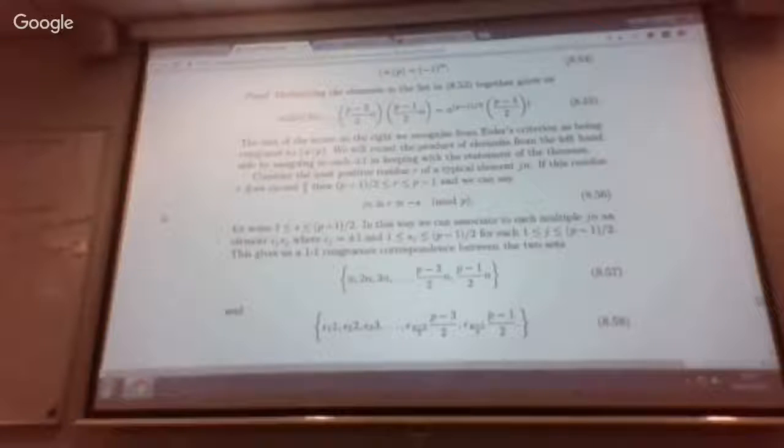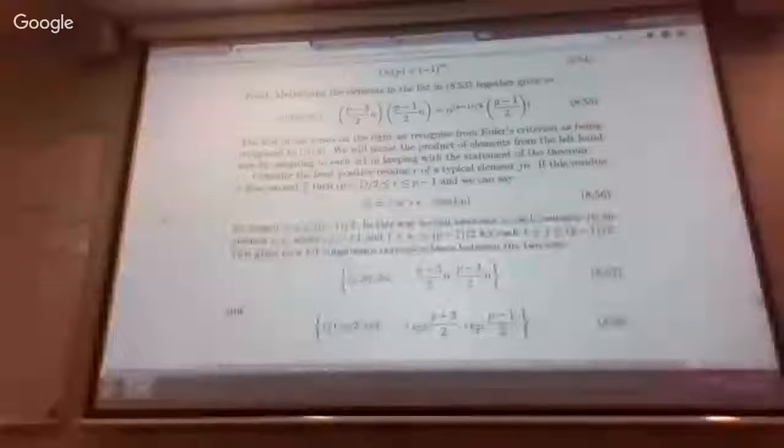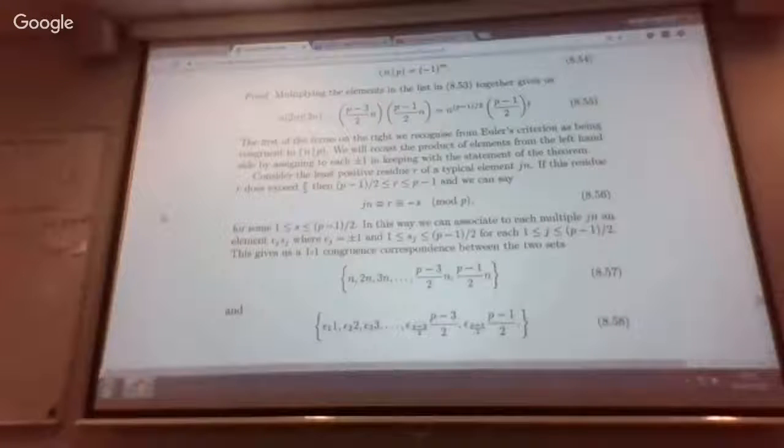Okay? So if this congruence class r is living in the second half, we choose to consider it as minus s, where the s comes from the first half. If the r lands in here, we just consider that a congruence class as it is.